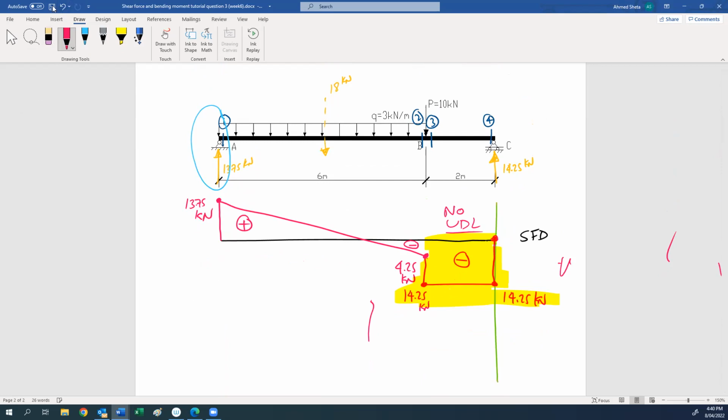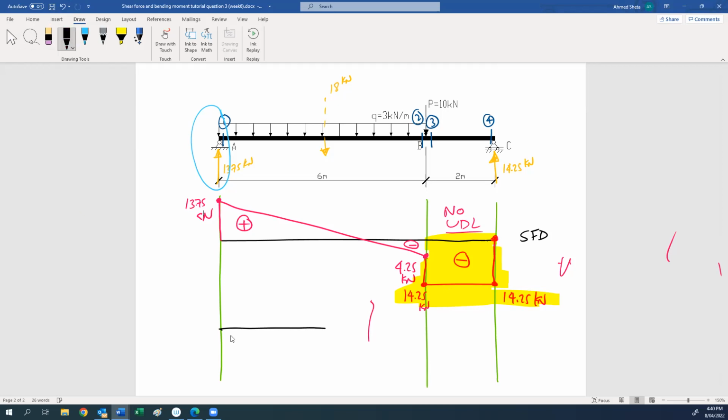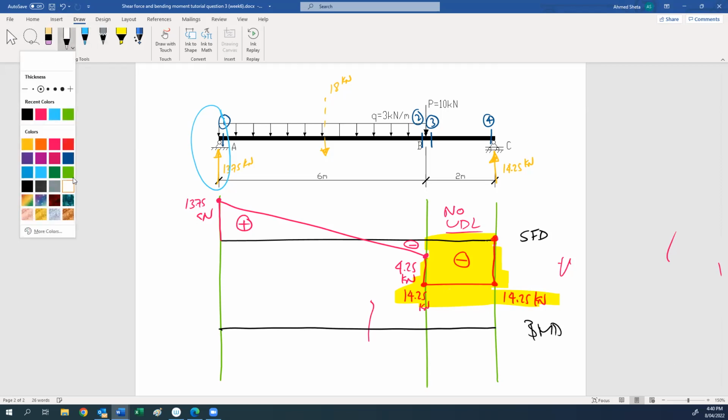How can we draw the bending moment diagram? The first step is to draw the datum. So our datum will also be horizontal here. Okay, and we will draw the bending moment diagram for this part.